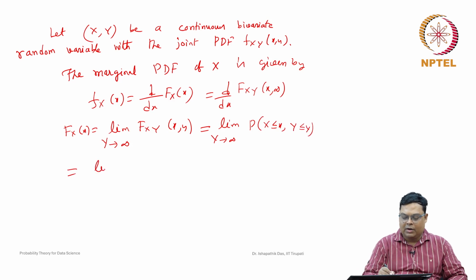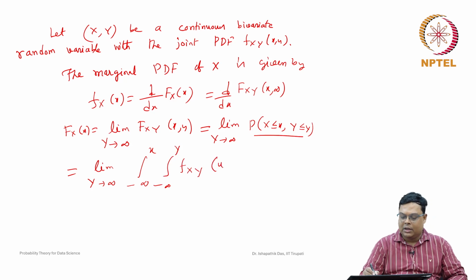Now, if we want to represent this, as y goes to infinity, by the probability density function, it is the integral from minus infinity to x and then from minus infinity to y of the joint probability density function f_{X,Y}(u,v) du dv.